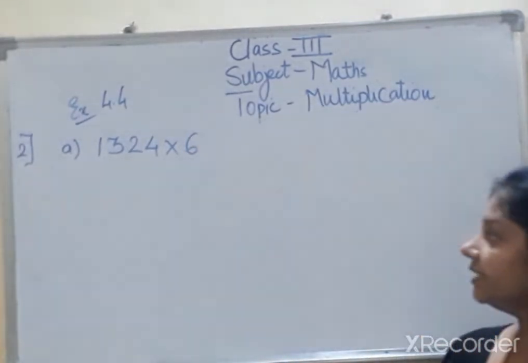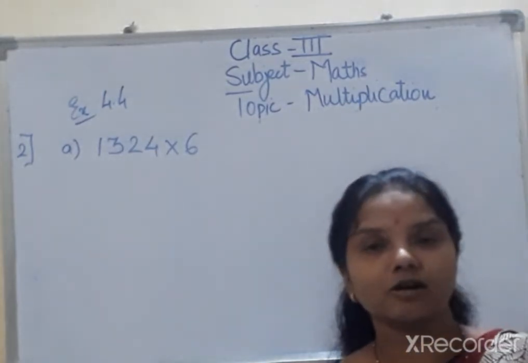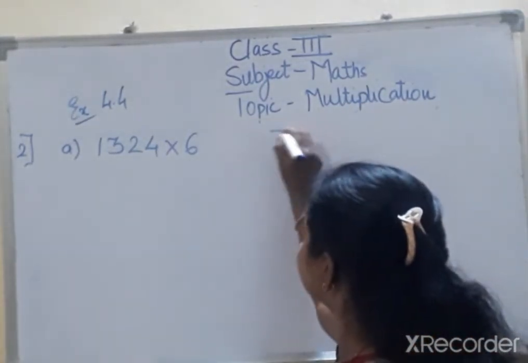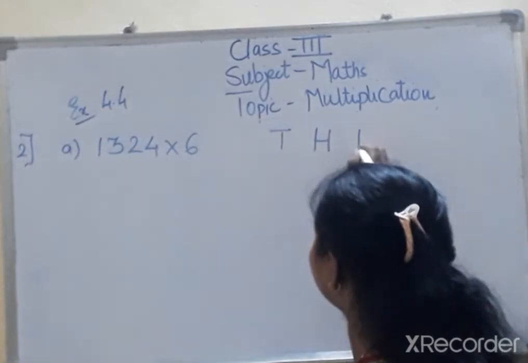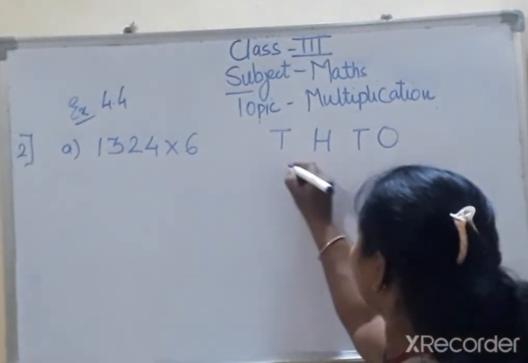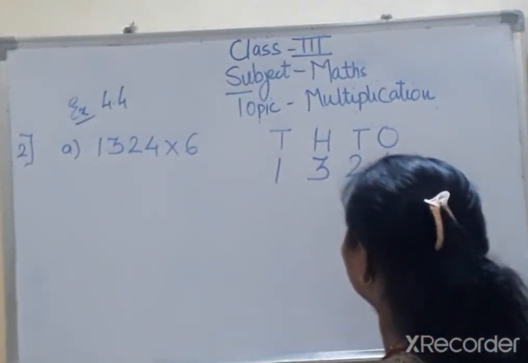Yes, they have written it in the horizontal column. So what you have to do? You have to make the vertical columns and then multiply. So let us multiply. Let us take the thousands, hundreds, tens and ones columns. Arrange the numbers 1, 3, 2, 4.